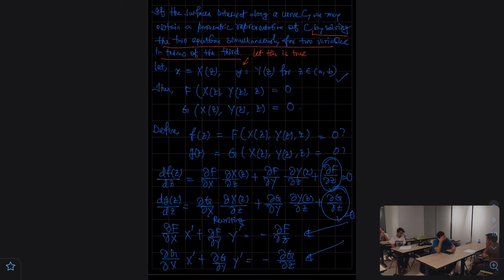What did I mean? You have two equations, f of z equals 0 and g of z equals 0. So you have one variable z and two equation constraints on it, right? So what I'm saying is, could it be overdetermined? You know that if you have too many constraints, sometimes there's no solution, right?